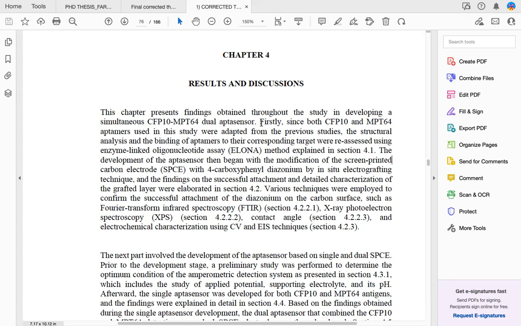Okay, let's see. Firstly, the thesis described the biomolecule, remember, similar to chapter 3.